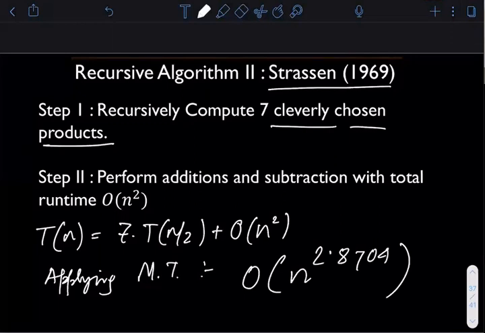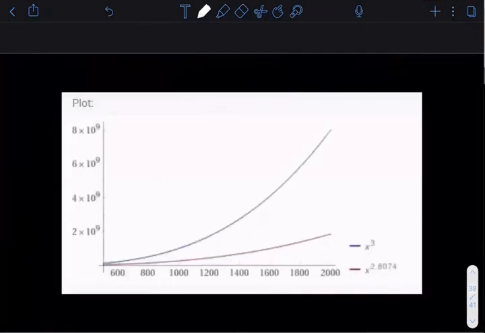Now, for those of you wondering how much better n to the 2.8074 is compared to n cube, I have used a plot to convince you that it is actually quite different. That's the plot between x cube and x to the power of 2.8074. As you can see, already at n equals around 2000, these are quite divergent.